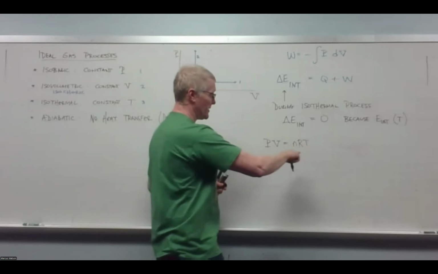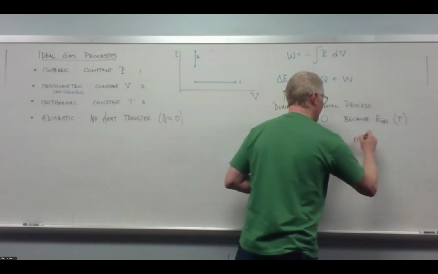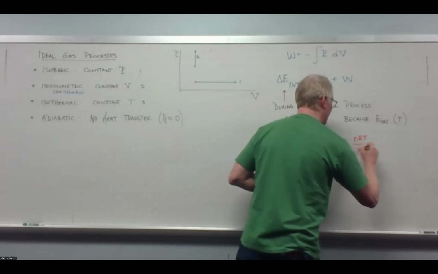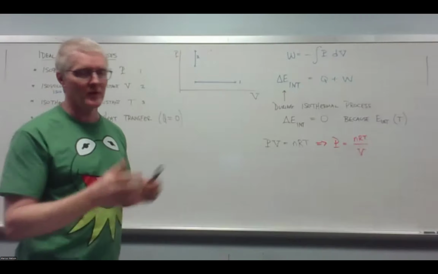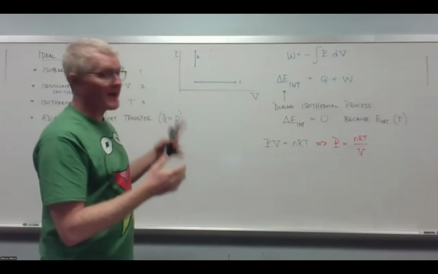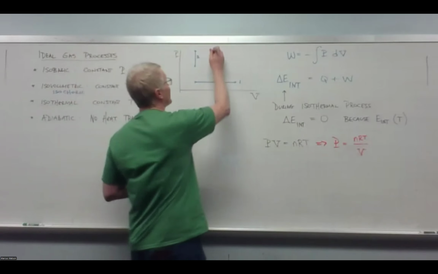Well, all I have to do is swing the volume underneath. And I see that the pressure is 1 over the volume, or it's a number over the volume. And therefore, the ideal gas isothermal process looks like this.